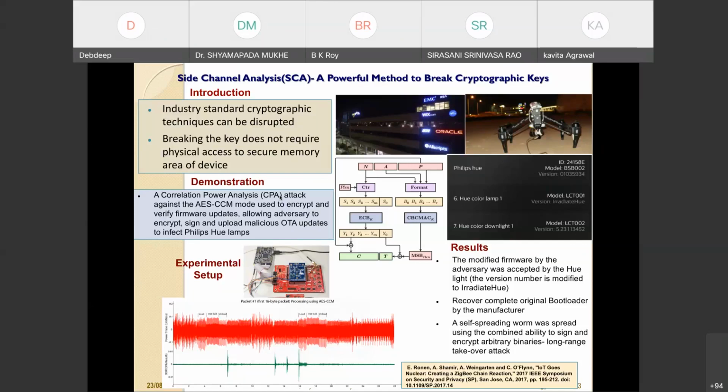And then what they do is even more interesting. Remember that these bulbs are connected with each other in the office premises. They show how a self-spreading worm, using the combined ability to sign and encrypt arbitrary binaries, can perform a nuclear sort of reaction in the IoT systems.